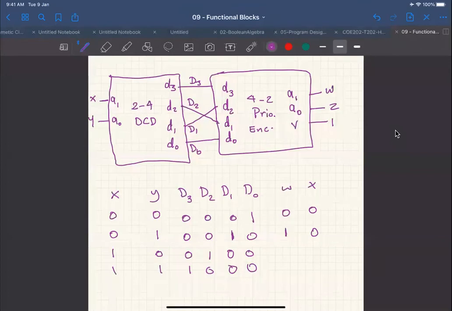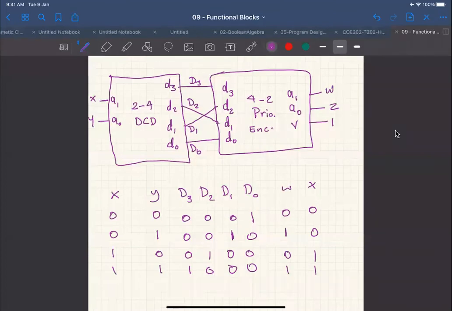And then my D2 here, which is 1, is connected where? To D1 of the encoder. So my output of the encoder will be 0, 1. You see that? Finally, my D3 is connected to D3, so no change here. 1, 1.